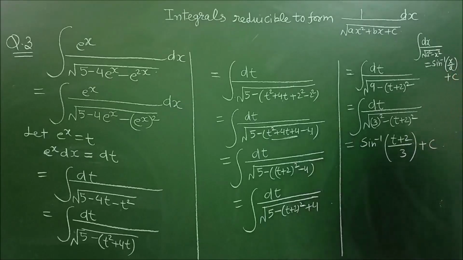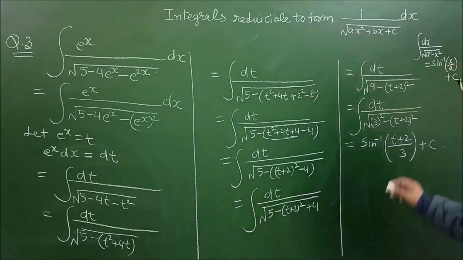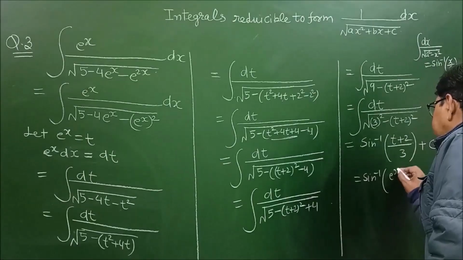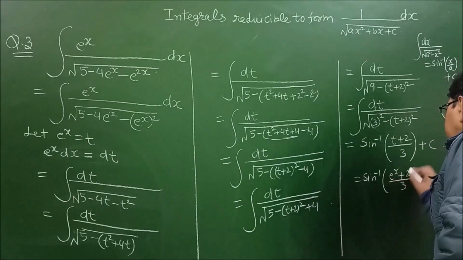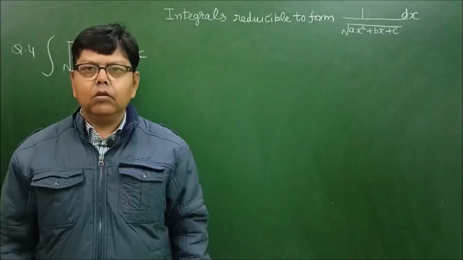Now substituting the value of t, t is equal to e raised to the power x. So this is equal to sine inverse (e raised to the power x plus 2) upon 3 plus c. So with this the question is complete.